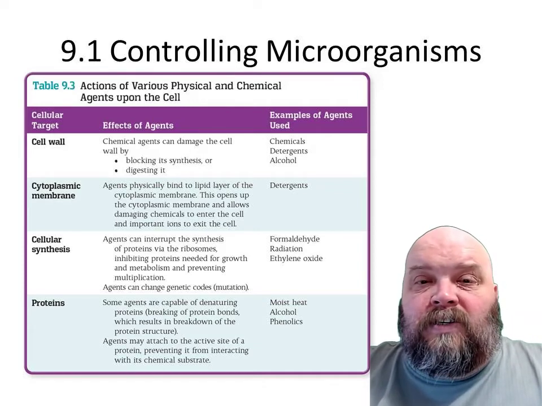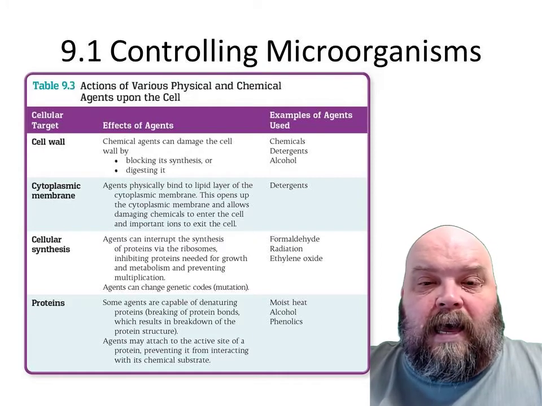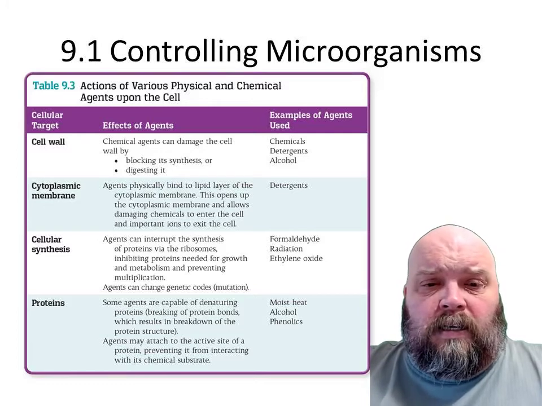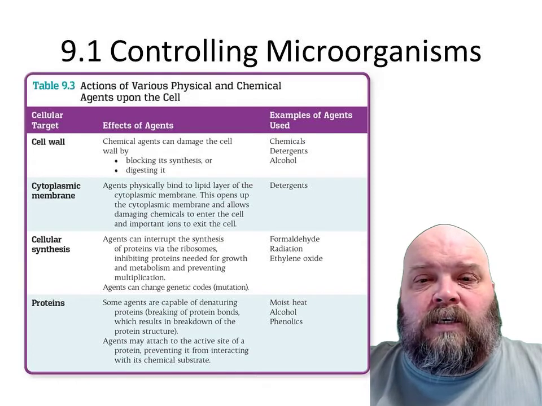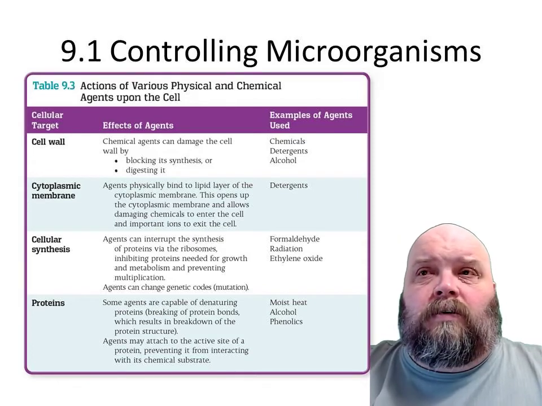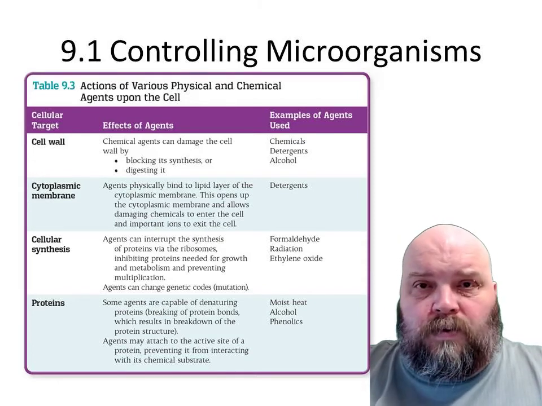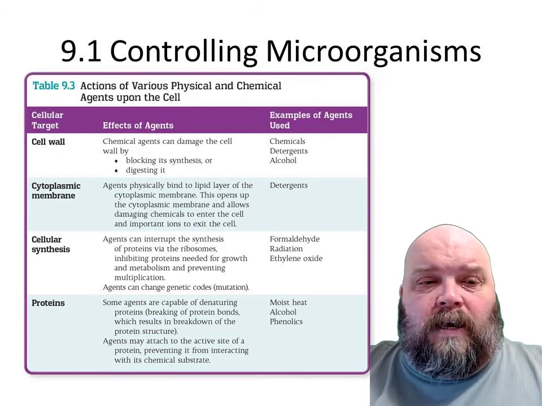So when you look at table 9.3 here, you see that there are going to be different agents that can be used, and the effects these agents are going to have will be different. You look at the cytoplasmic membrane, a great agent against this: detergents, the stuff in our soaps.